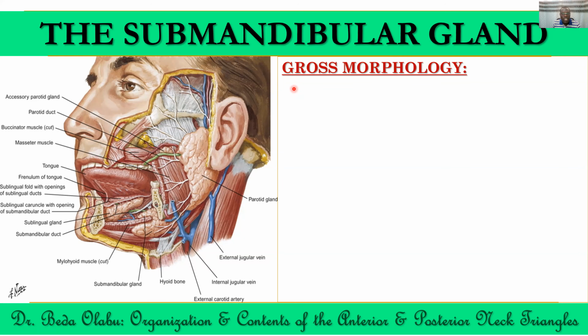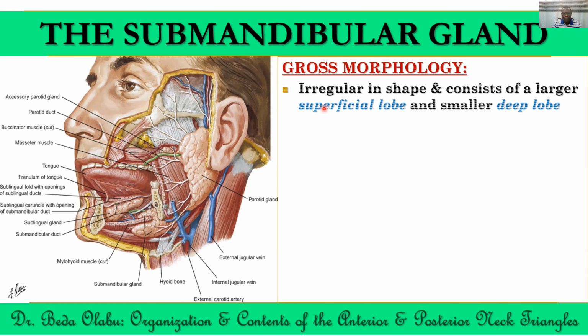Okay, so in terms of gross anatomy, the submandibular gland is irregular in shape and is made up of two lobes. We have a superficial lobe and a deep lobe. As the name suggests, the superficial lobe will be superficial and the deep lobe will be deep.